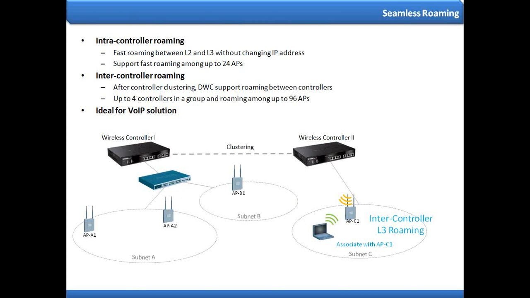The layer 3 roaming does require a little bit of setup within the devices themselves, but as long as you've created a heterogeneous wireless network, it allows any client to roam between multiple radios.